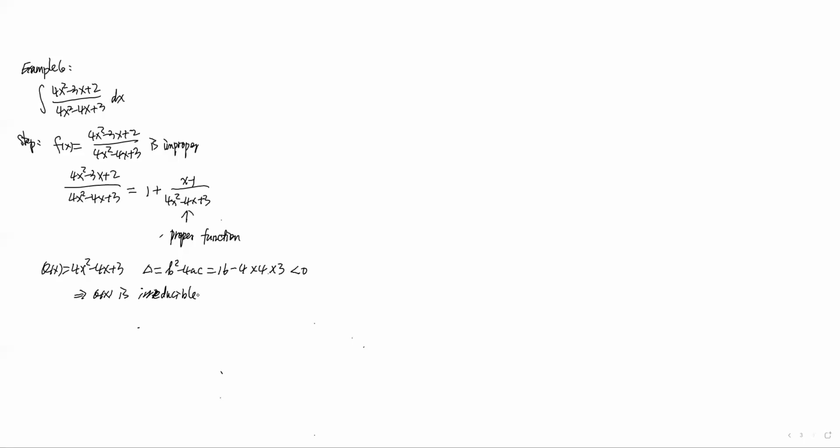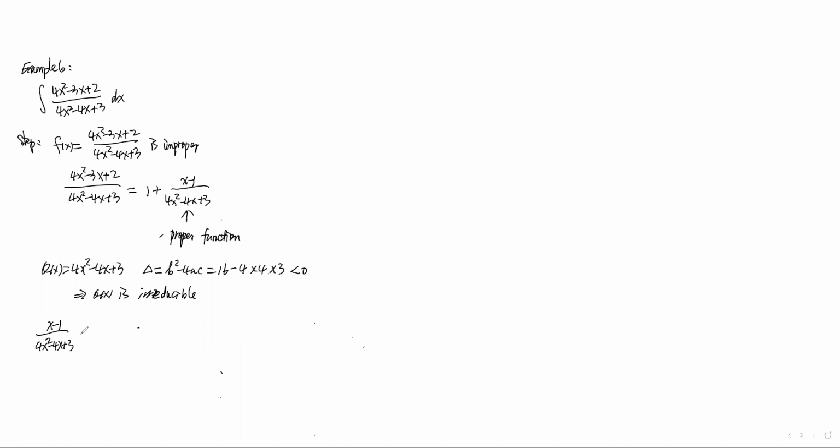So let's continue. We have (x minus 1) over (4x squared minus 4x plus 3), right? This is already an irreducible function.